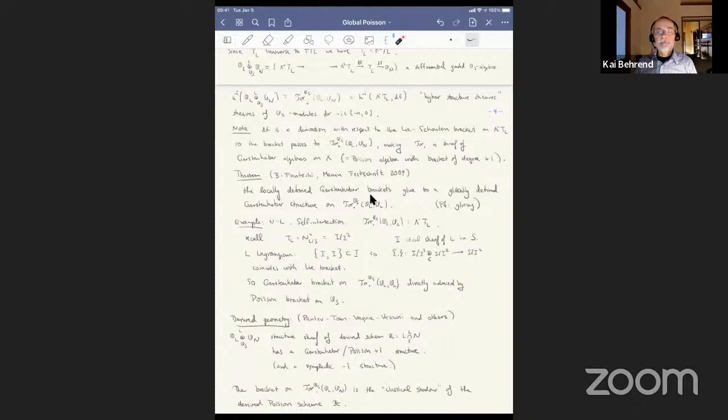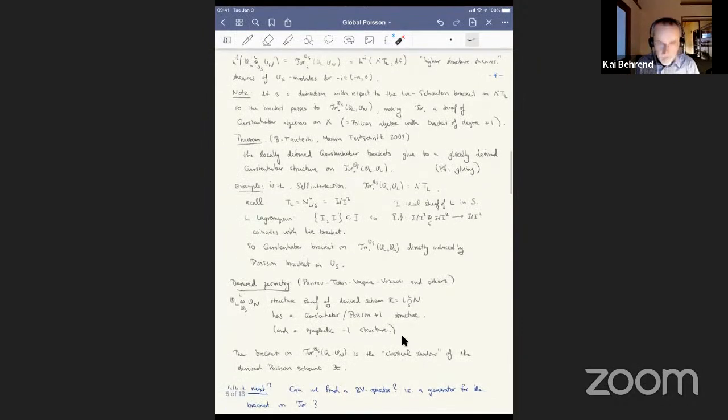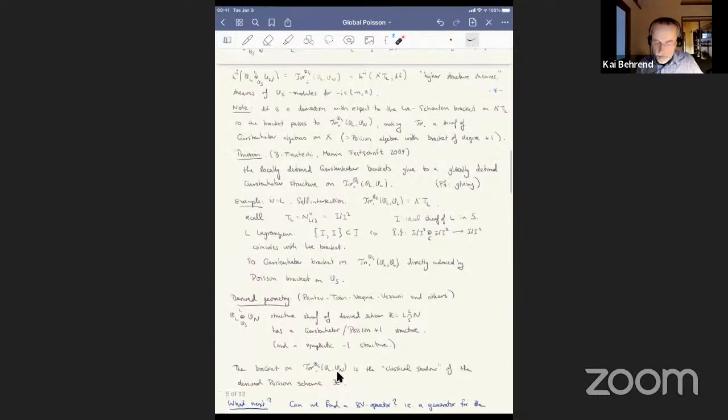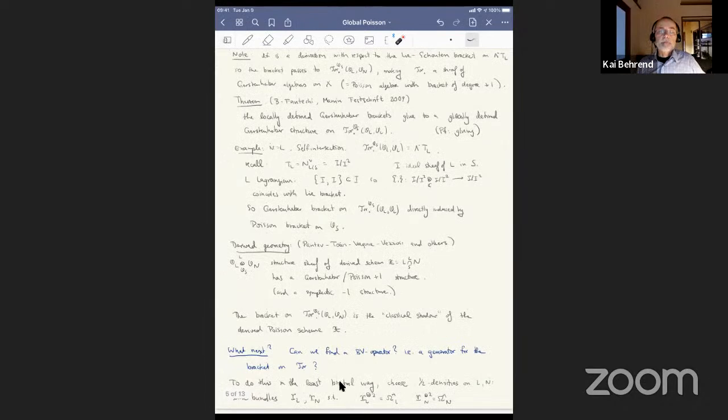And so what I've explained here is how you locally get this thing. This bracket on these Tor sheaves is like the classical shadow of this derived Poisson scheme X. That's the way I think of it. What next?